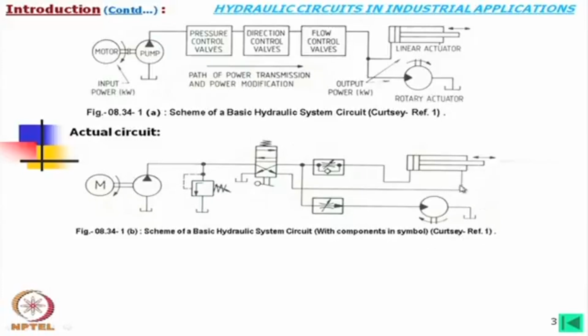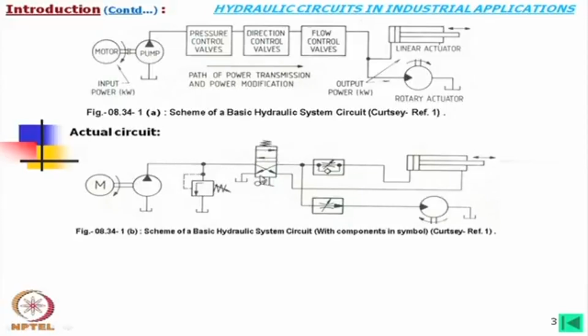This means that if the system pressure exceeds due to excess load, the flow will bypass through the pressure relief valve, and in that way it will safeguard the circuit.